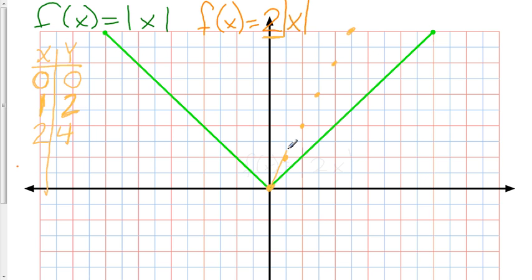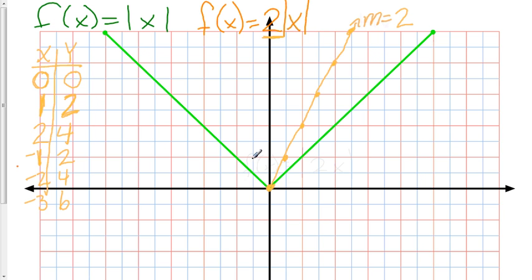And so now this side of our absolute value has a slope of 2. Looking at the other side, at a negative 1, absolute value of negative 1 is 1 times 2 is 2. Negative 2 is going to be 4, negative 3 is 6, and so on and so forth.